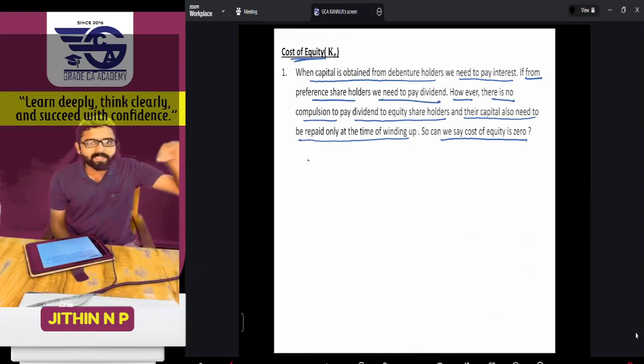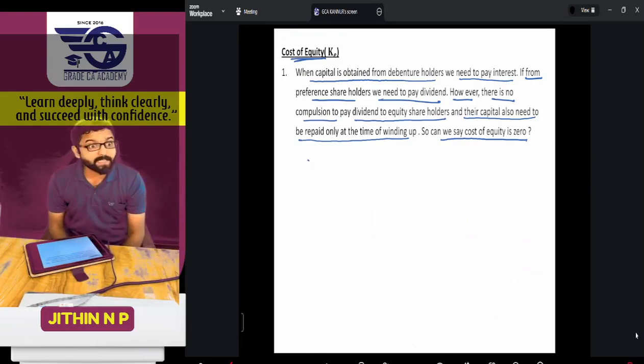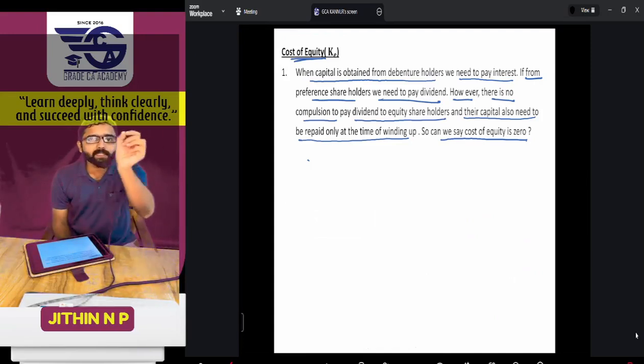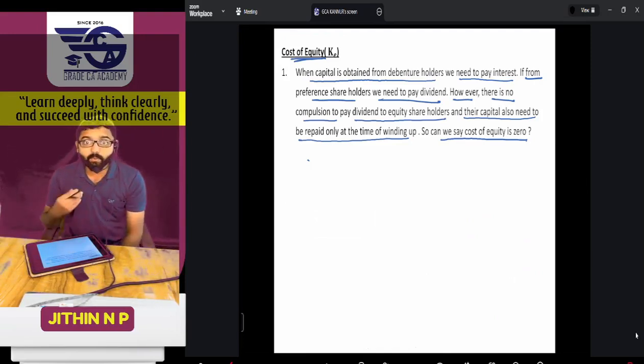That 10% is the explicit cost of the debenture. If we issue preference shares, it will mention 12% preference shares, the explicit cost of preference shares, but there is no explicit cost for equity shares.